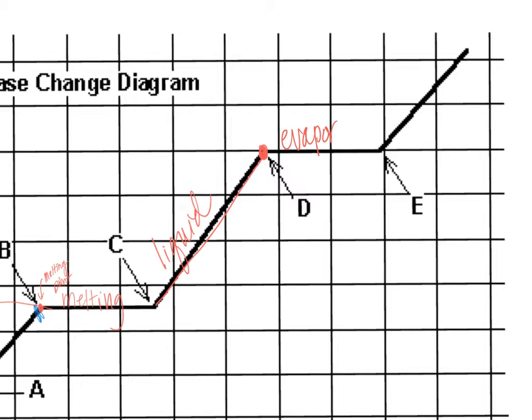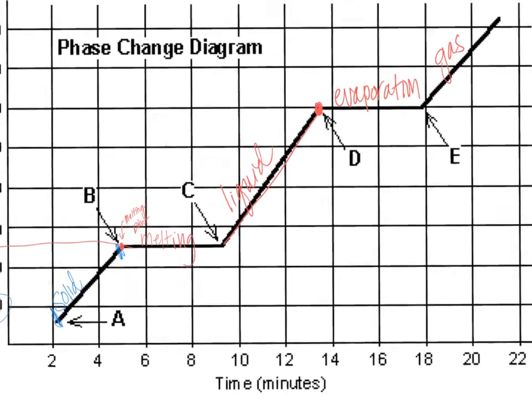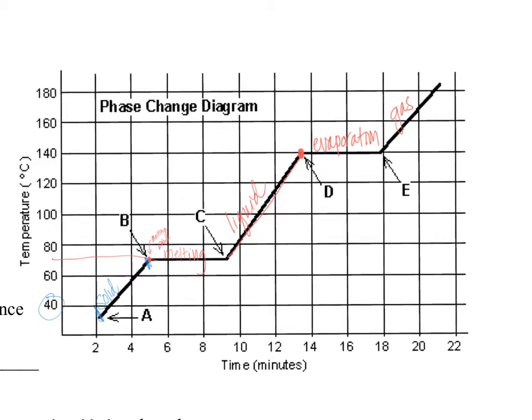Evaporation, E-V-A-P-O-R. Okay? And then as it evaporates, eventually all the molecules will turn into a gas. So this is the pathway that we have as we go up our phase change diagram.